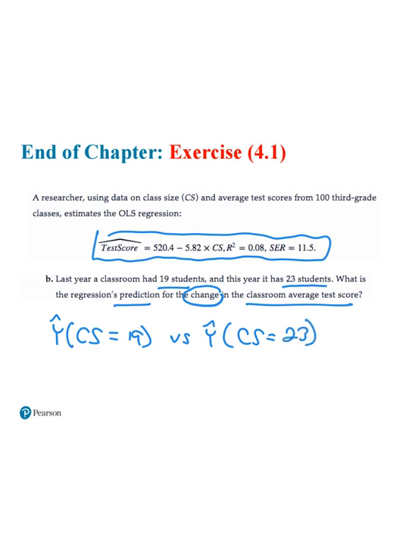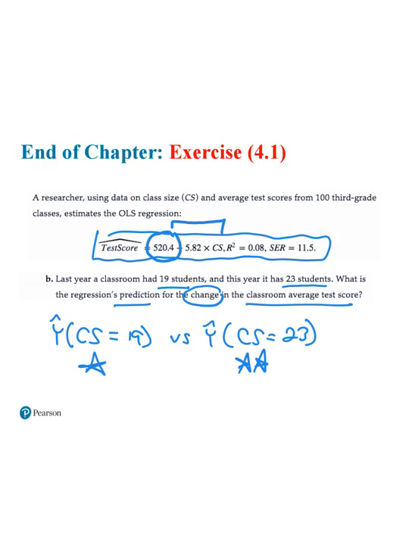Or you can realize that in both of these equations, star and star star, they share the same exact unchanging intercept. So those will go away. Because those will be eliminated, we can just compare how the rest of it is changing for different values of the class size.